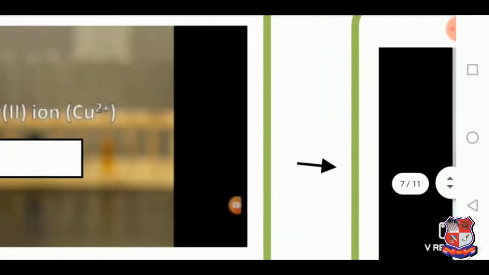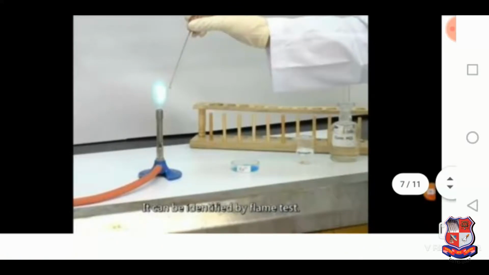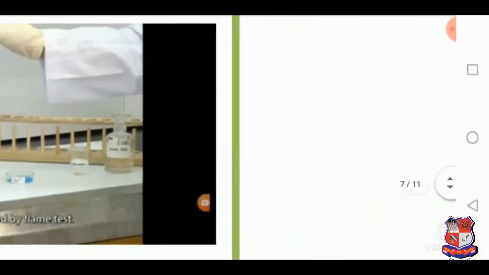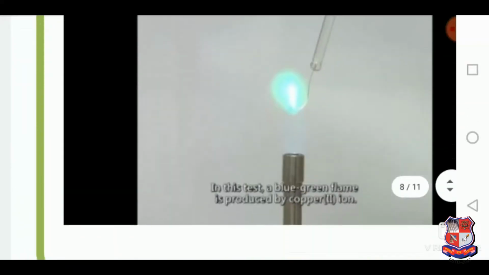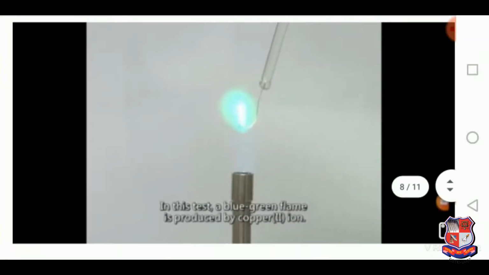Copper II ion. It can be identified by flame test. In this test, a blue-green flame is produced by copper II ion.